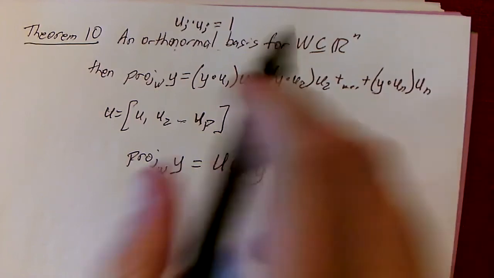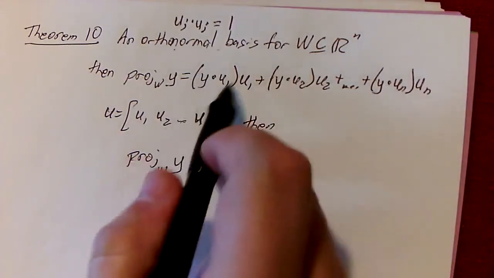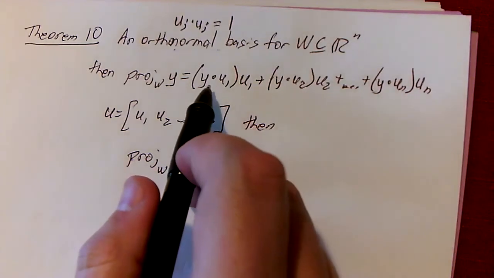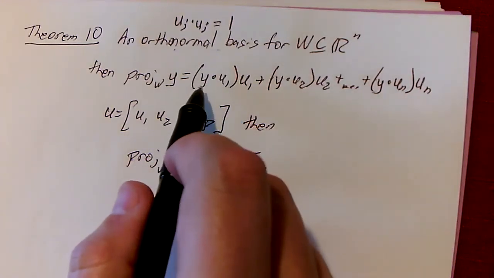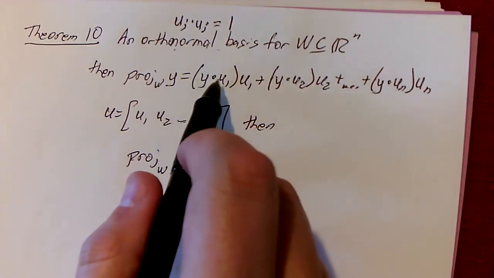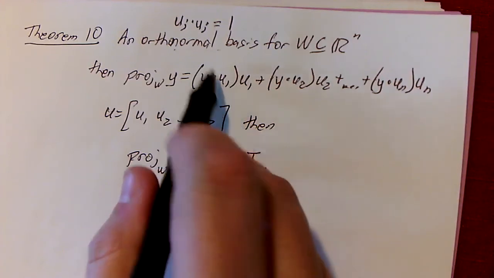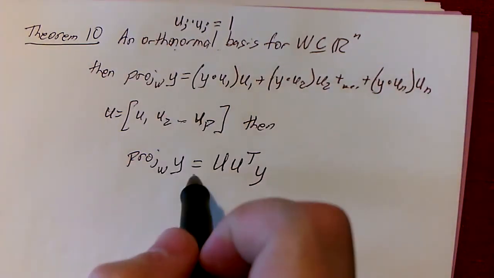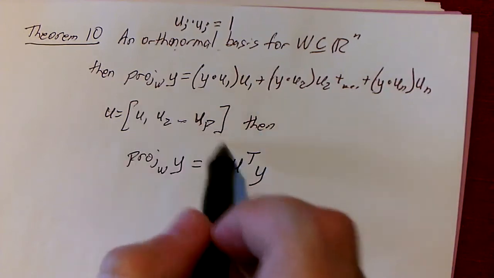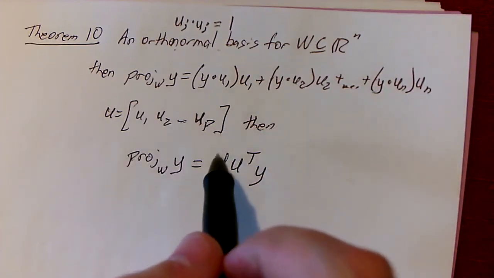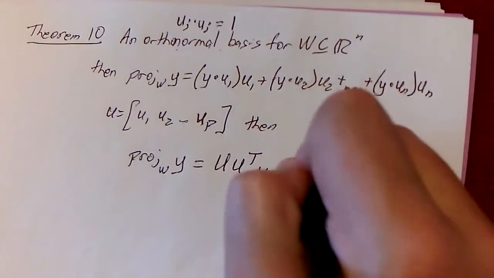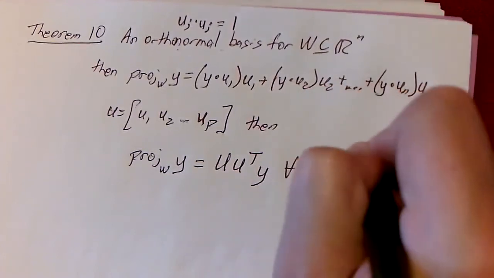Because U times its transpose is going to wind up having me do all these dot products. Remember in 6.1 I said the dot product is just a multiplication of a vector times a transpose of a vector, so that you get a column and a row. So that's all we're doing here. I'm going to have columns and rows when I do U times its transpose. And this works for any y in Rn.